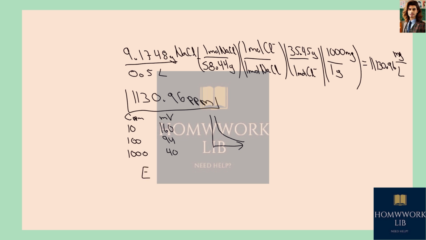So for an ISE electrode, that is an ion selective electrode for chlorine, the potential is given by E0 plus a slope times the logarithm of the concentration. So what you actually need to plot is the logarithm of concentration versus the potential in millivolts.